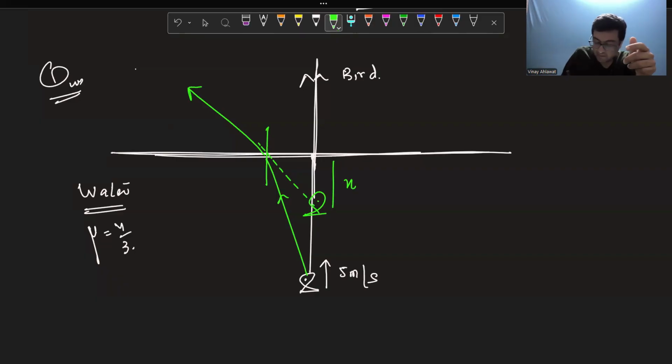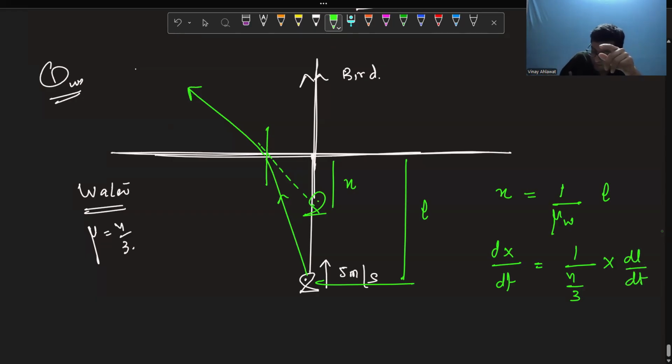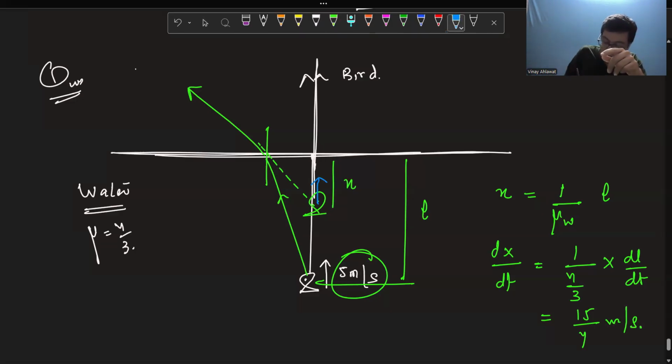This is real depth, L. Apparent depth is mu observer upon mu object, mu water, into real depth. dx by dt is 1 by 4 by 3 into dl by dt. dl by dt is 5. 5 times 3 is 15. 15 by 4 meter per second. So the velocity of image is in this direction, and this is 15 by 4 meter per second.